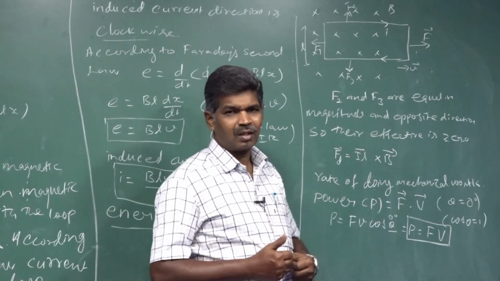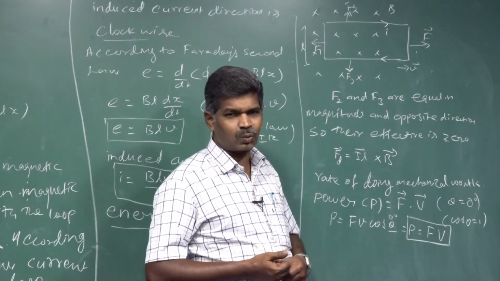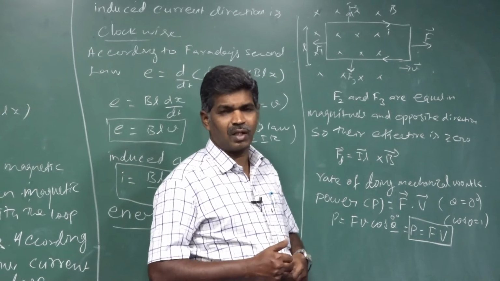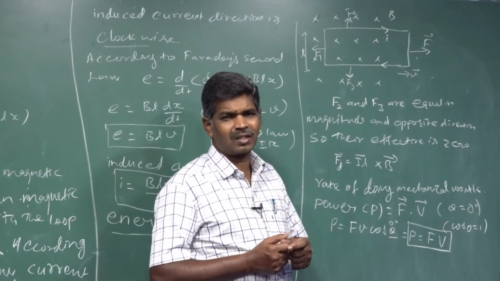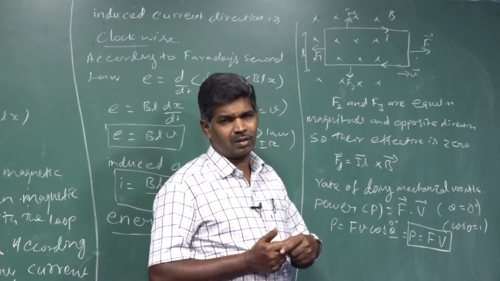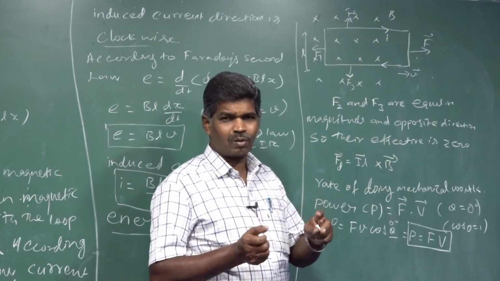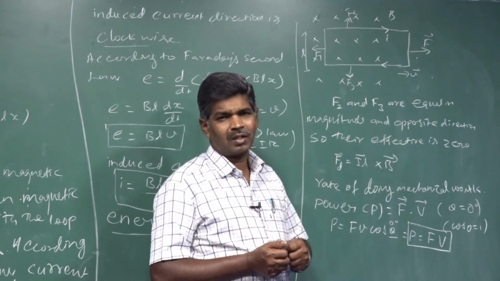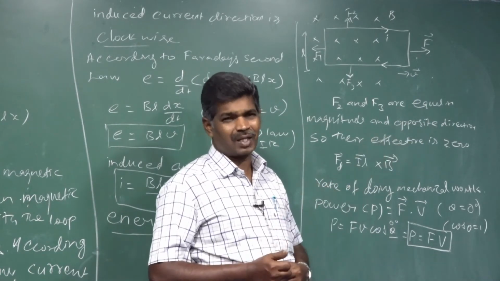How can we calculate the mechanical force based on the magnetic Lorentz force? We know that if a loop is taken out with a constant velocity v, our applied mechanical force and the magnetic force are equal and opposite. The magnitude of the magnetic Lorentz force is equal to our applied mechanical force.